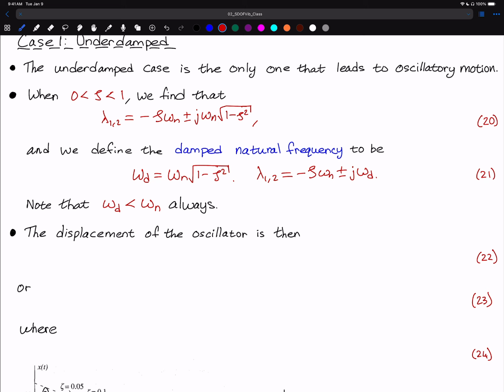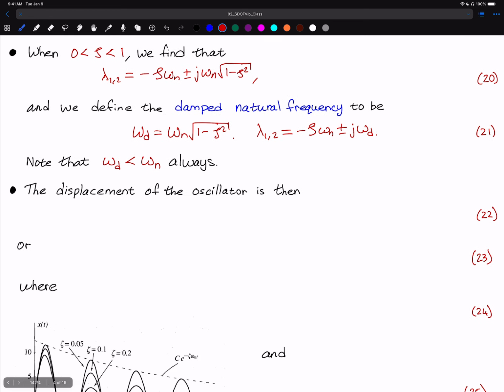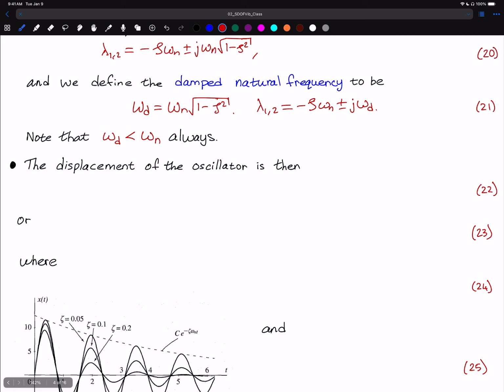Okay, we can then write the displacement of the oscillator, and we're going to bring in our initial conditions, and we're going to skip all of the algebra and identities. We're going to end up writing that the displacement of the oscillator, x of t, is equal to e to the minus zeta omega n t times the quantity x0 times the cosine of omega d t.